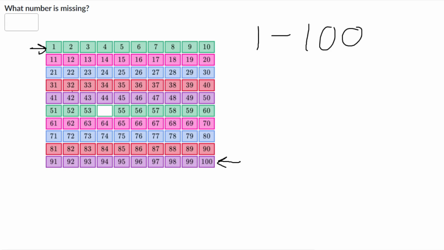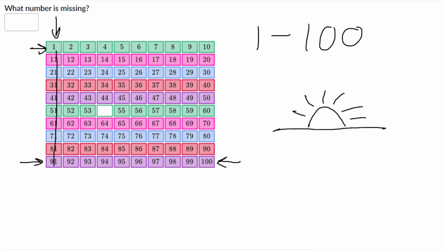So, for example, you might notice every single column, so when I say columns, I'm going to say the ones that go vertically. And then when I say rows, I'm going to be talking about the ones that go horizontally. Horizontally is kind of like looking off into the sunset. That's usually how I remember it.